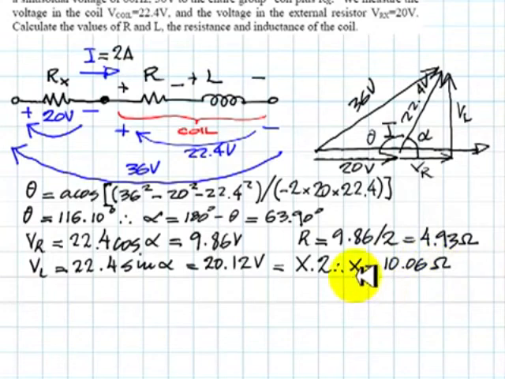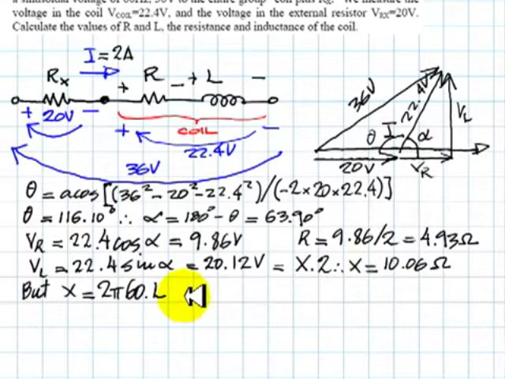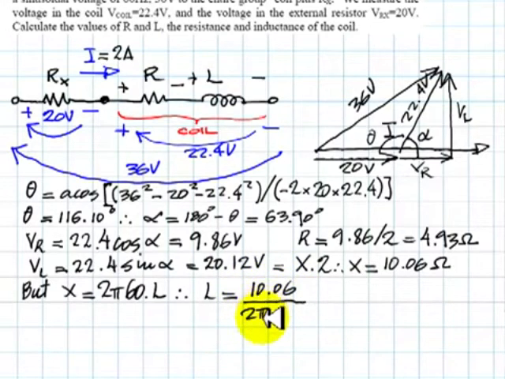But the reactance of an inductance is 2 pi F times L, like so, which means that the inductance can be obtained directly as 10.06 divided by 2 pi 60, which is approximately 377. That is 26.68 millihenries. And that is the answer of this problem. Thank you very much.